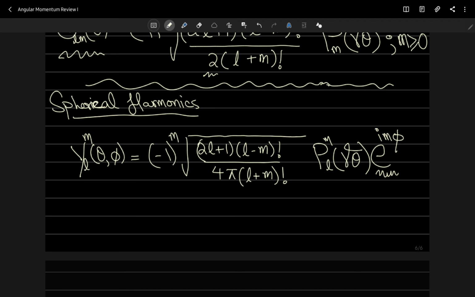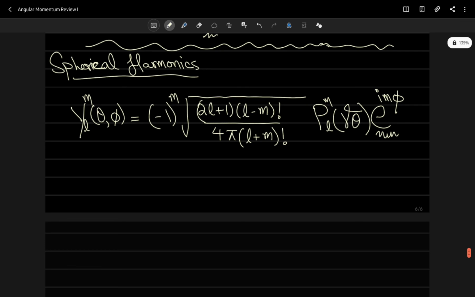So with this, another important property of the spherical harmonics is the following. Let me rewrite this whole thing down.